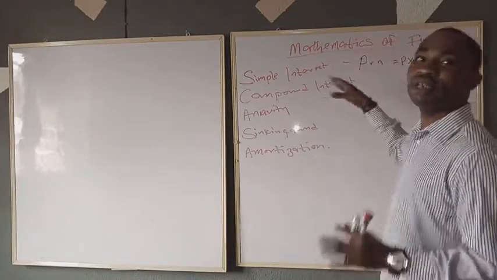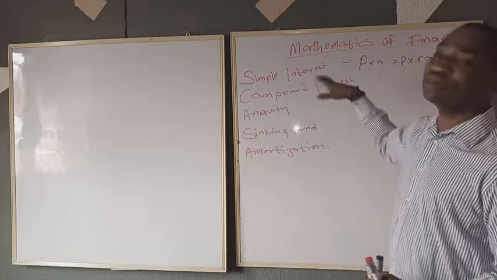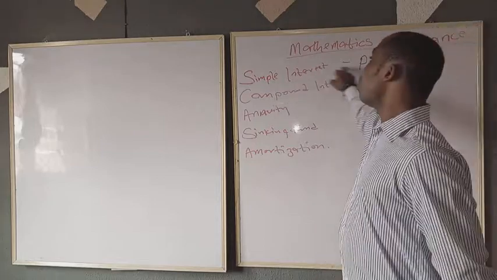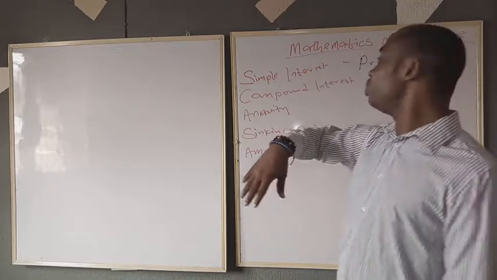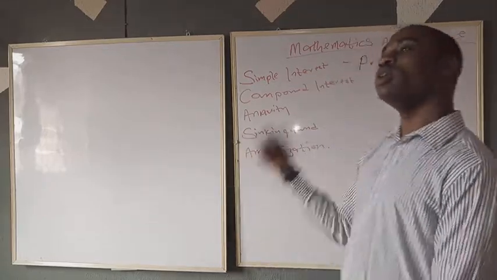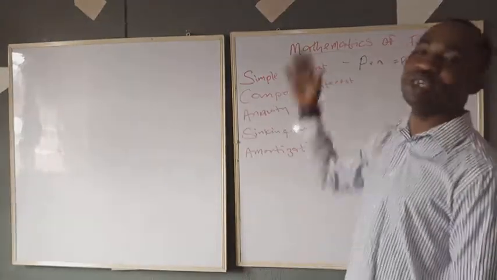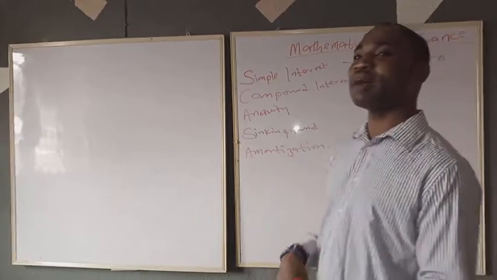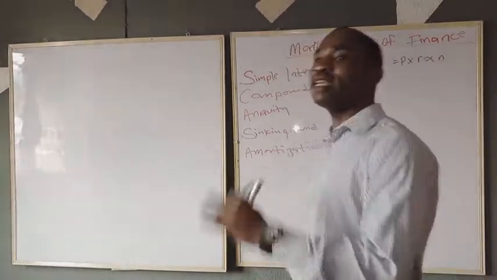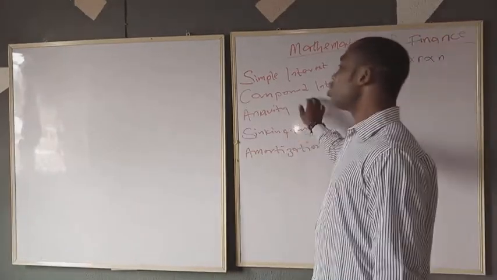Unlike simple interest, where you are removing your interest every year and only investing the principal, on compound interest, if you want to invest for 10 years, you are not going to remove the interest. The interest of the first year, you add it back to the principal and reinvest everything. For the second year, you add it back to the principal and reinvest everything. So that is what we mean by compound interest.